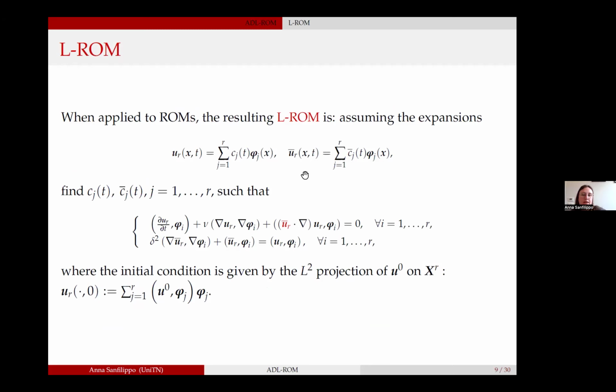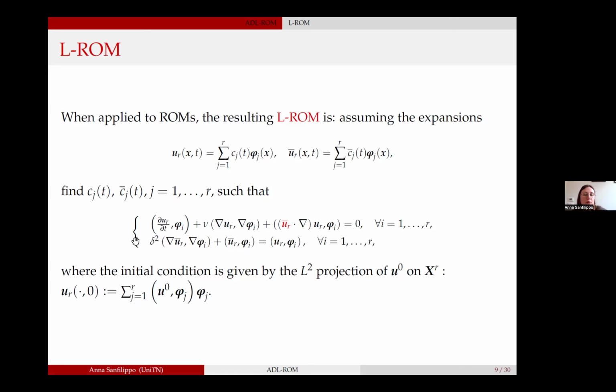And an important thing here is that we are using the same basis functions both for the reduced and the filtered velocities. So the basis functions are the same and are precomputed and stored during the offline phase, as I said before. And now we will have two sets of unknowns, the C and the C bar.